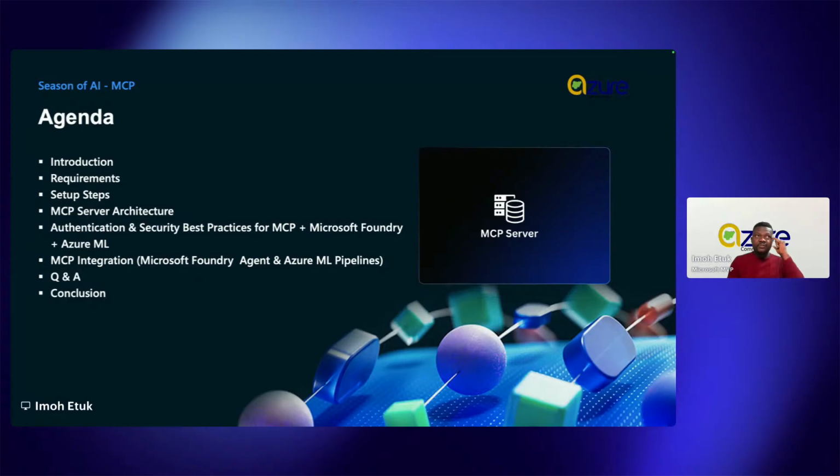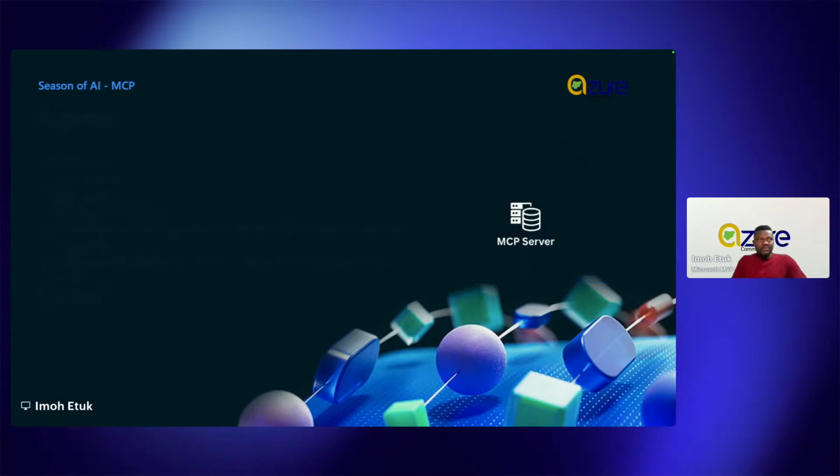Then I take you through the MCP server architecture that I have, and also authentication and security best practices for MCP server plus Azure ML, plus Microsoft Foundry. Remember, the name has been changed to Microsoft Foundry and Azure ML. Then we'll take you through the MCP integration with Foundry agent and ML pipelines. Then I'll draw up the question and answer and then conclusion.